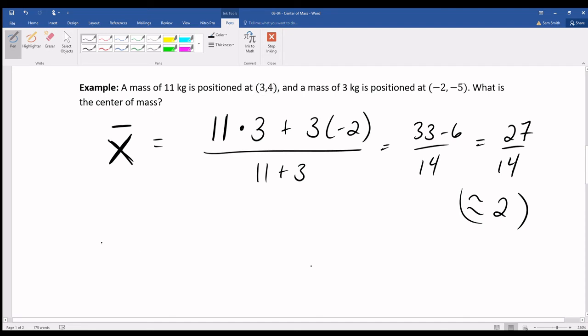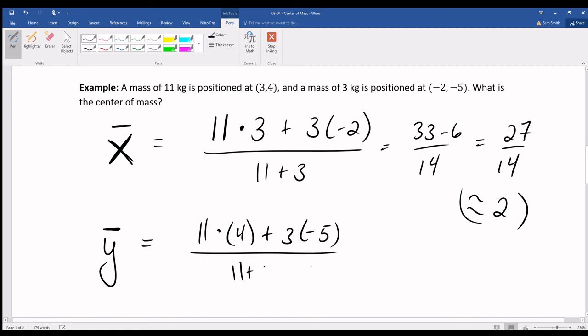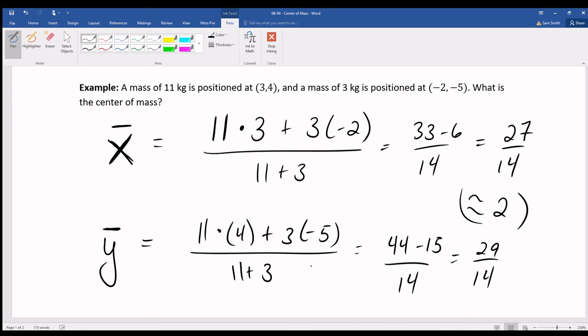Likewise, for the y-coordinate, we can take the 11 kilograms and apply it to the y-coordinate of the first object, then 3 kilograms, the y-coordinate of the second object. Add up the two masses, and we'll get 44, take away 15 over 14. This is 29 over 14. Again, a positive number, very close to 4, because so much of the mass is at that position.